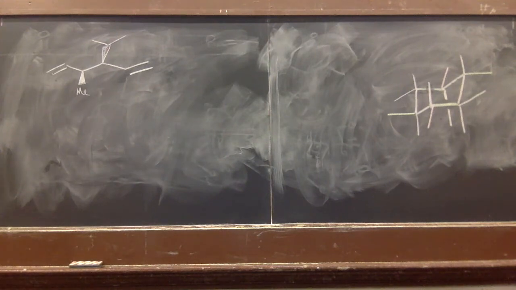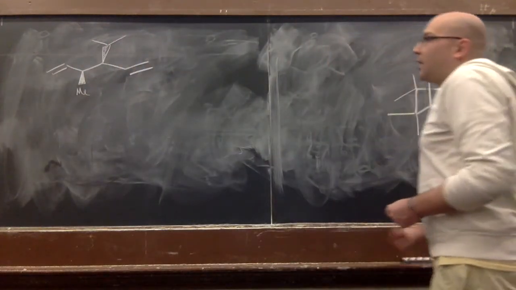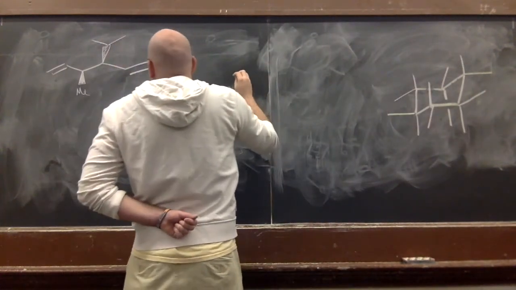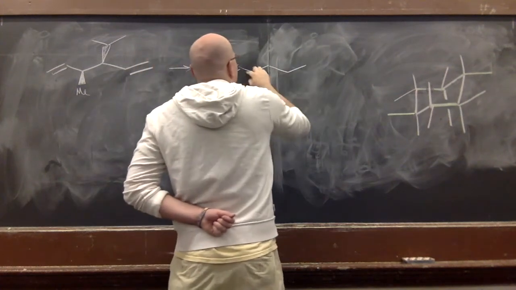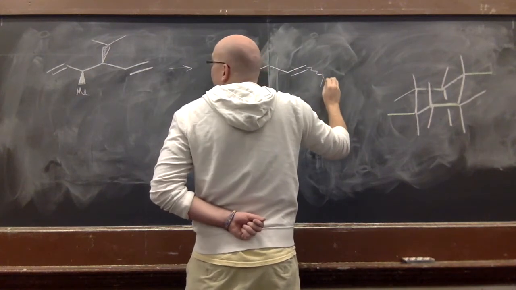And the question will basically be, this is going to be a selective Cope rearrangement that's going to lead to a single isomeric compound. What is that single isomeric compound? And what this is ultimately going to boil down to is 1, 2, 3, 4, 5, 6, we're going to have stereochemistry.